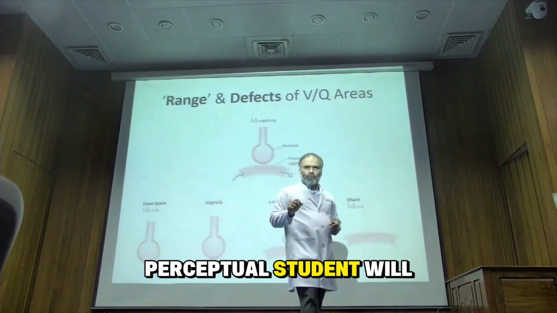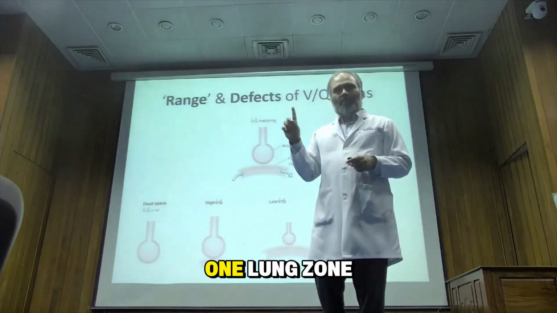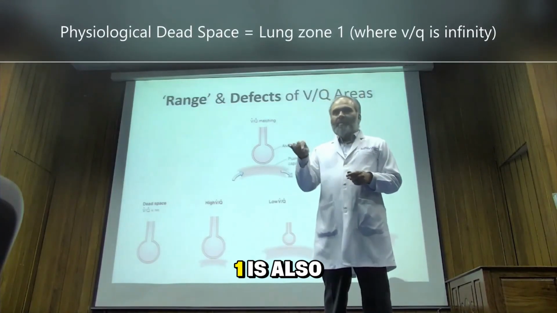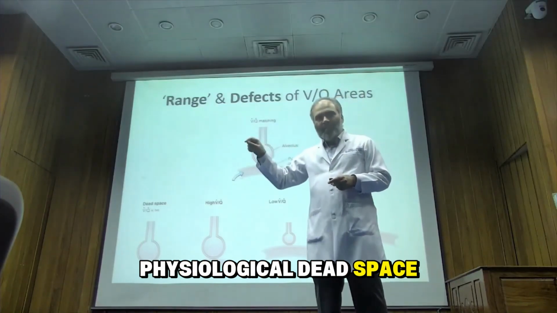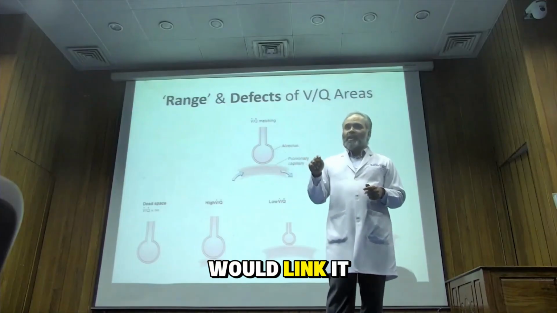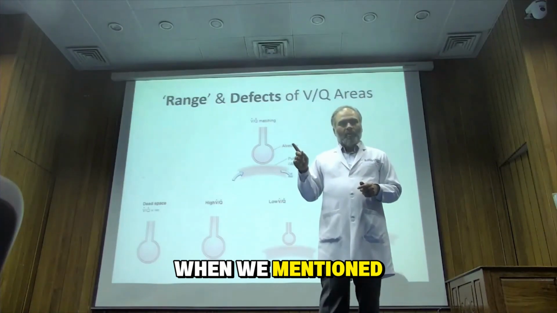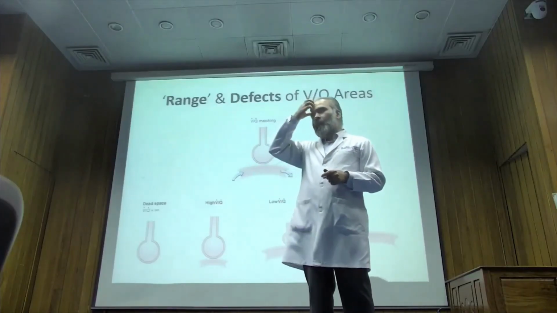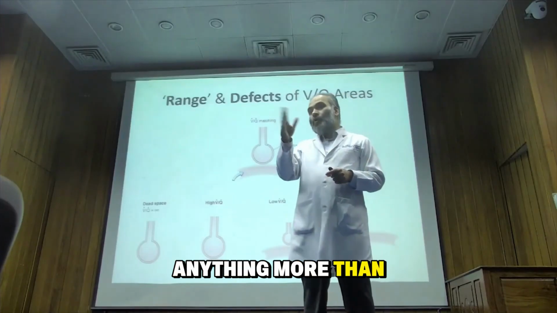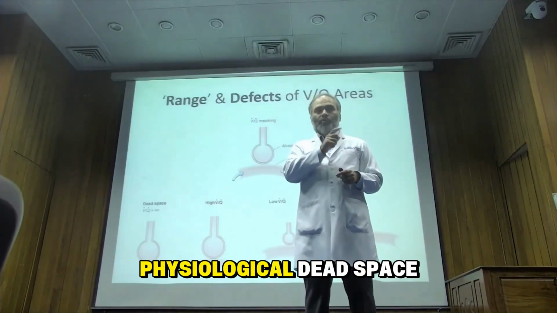The perceptive student will immediately label it as lung zone 1. Lung zone 1 is also called physiological dead space. The studious student would link it with the anatomical dead space now. When we mentioned that anatomical dead space is constant 150 ml, however, anything more than 150 ml in a person, that bit is physiological dead space.